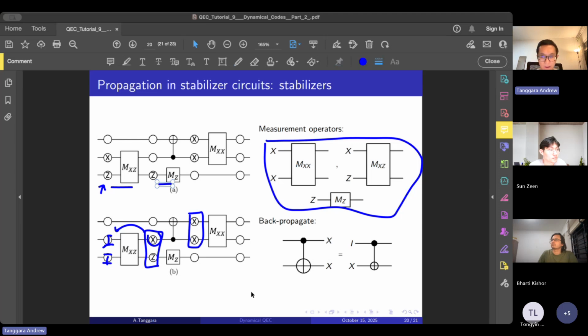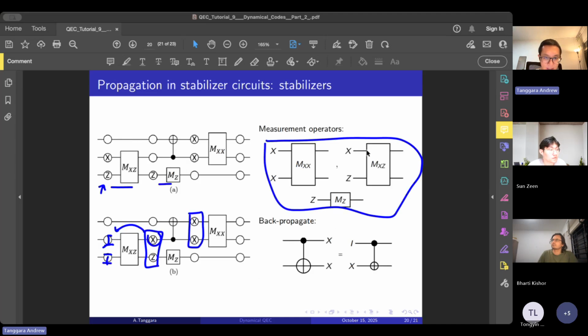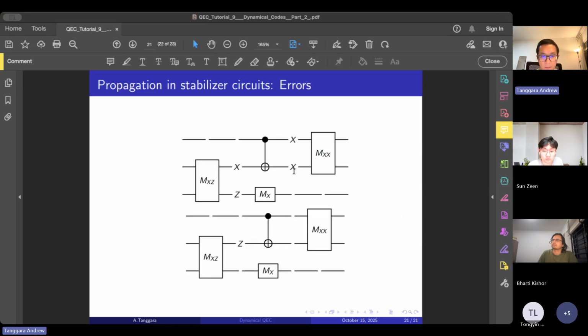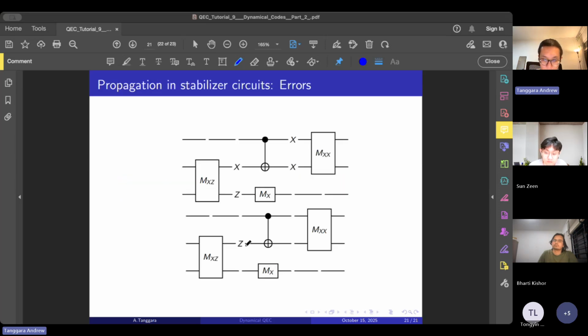Basically by doing this propagation on this circuit with measurements, we can determine whether an error can be detected or not. So this is what we had in the last slide: we have those XX on these two qubits and X and Z on those two qubits.